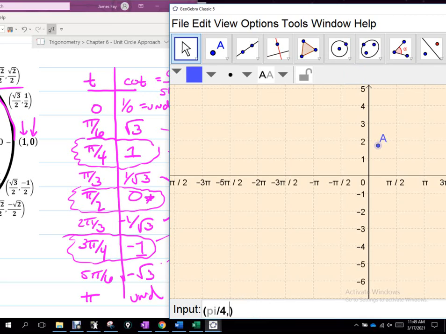Pi over 4, comma 1. Pi over 3, 1 over root 3. Pi over 2, 0. 2 pi over 3, negative 1 over root 3. 3 pi over 4, negative 1.